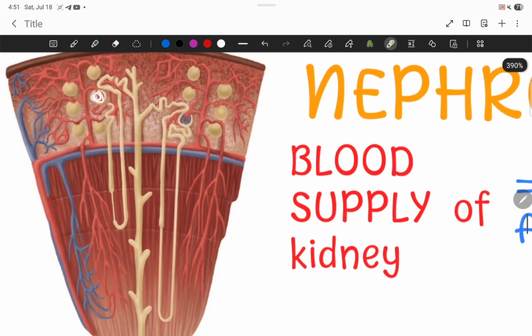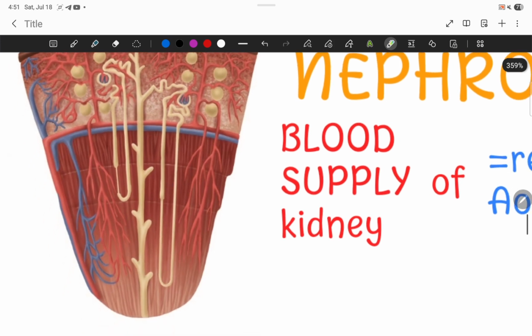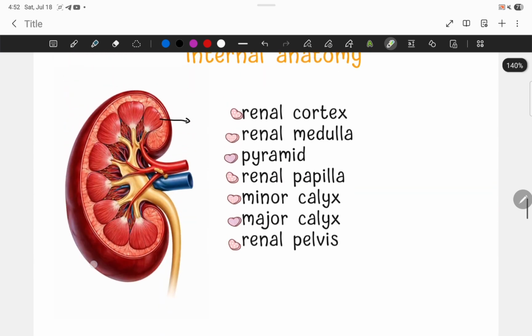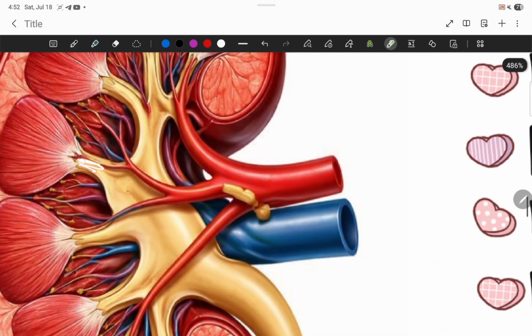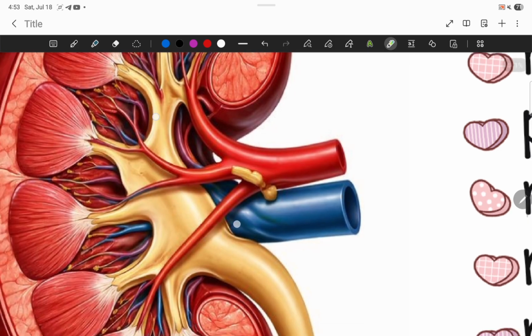So we have the glomerulus, Bowman's capsule, proximal convoluted tubule, loop of Henle, distal convoluted tubule, and collecting duct. After the collecting duct, you have the minor calyx, major calyx, and renal pelvis.